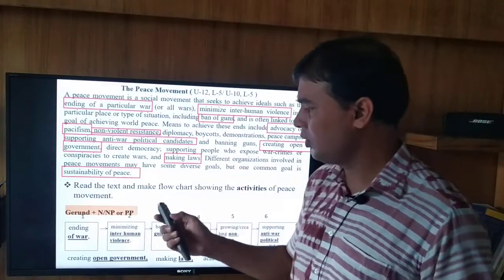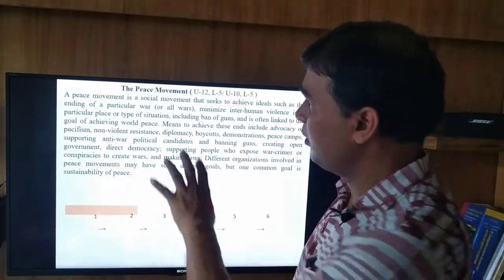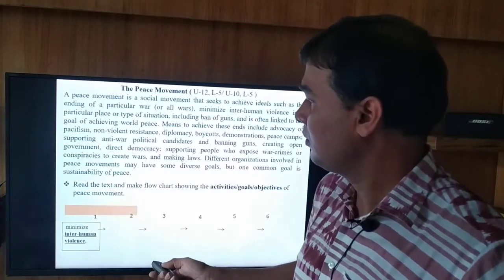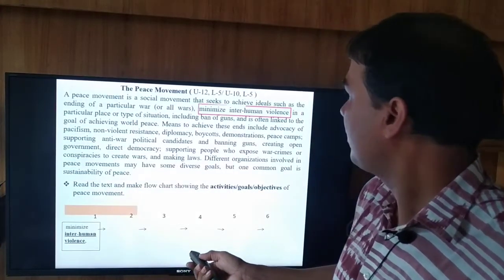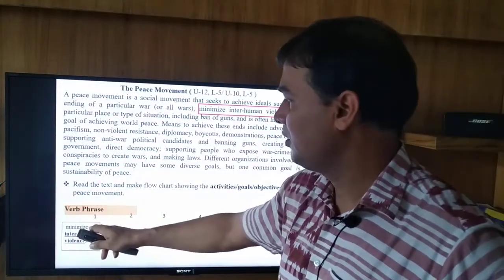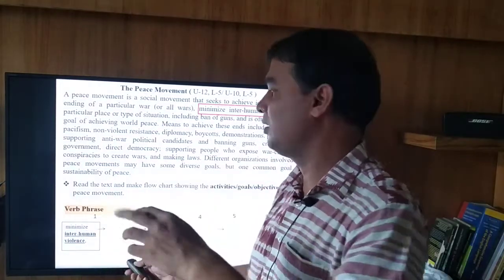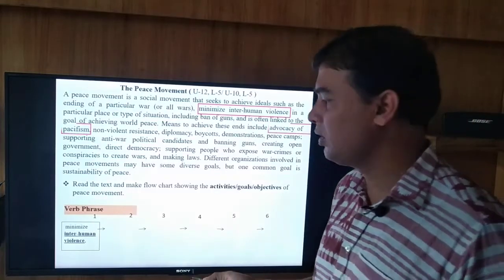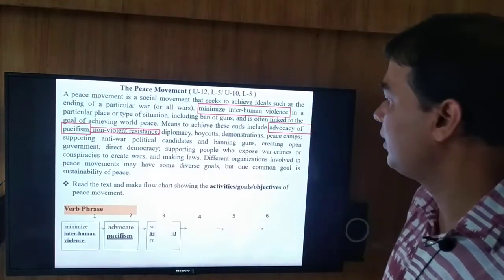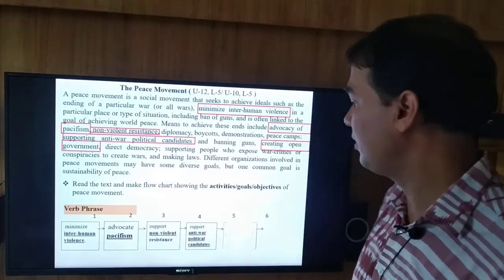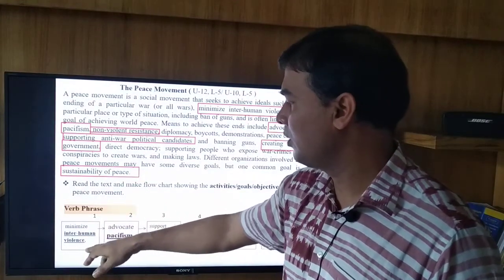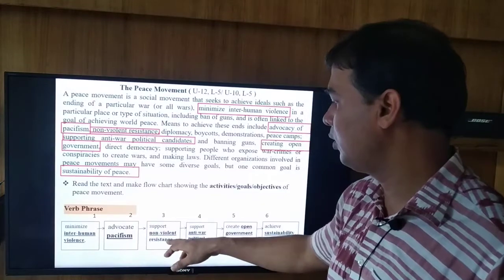So in this way, suppose this passage starts from a verb phrase. Okay, we can just convert it: minimize interhuman violence. In this way I am just showing you how to make a flowchart using different techniques. The same thing, verb phrase: minimize human violence, advocate pacifism, support non-violent resistance.